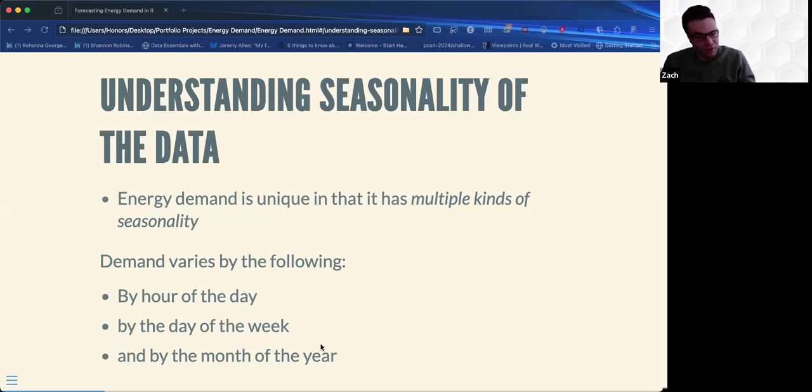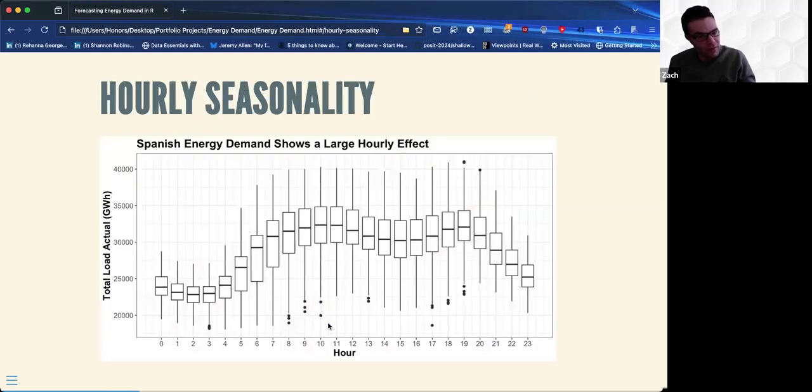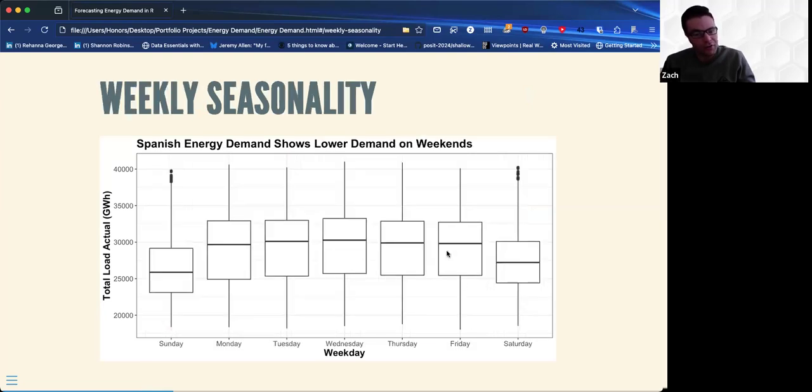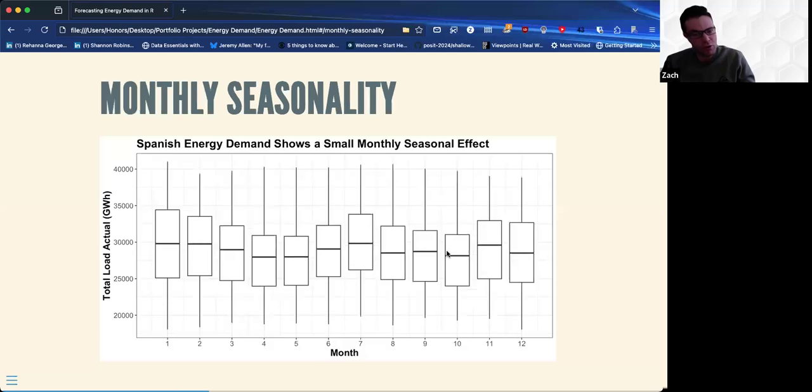And to show that, I have this series of box plots here that I made, which shows the distribution of demands by each hour of the day. I also have similar plots for day of the week and month of the year.